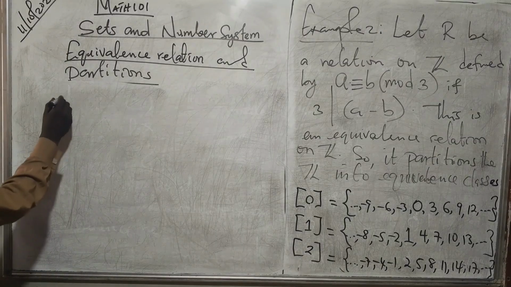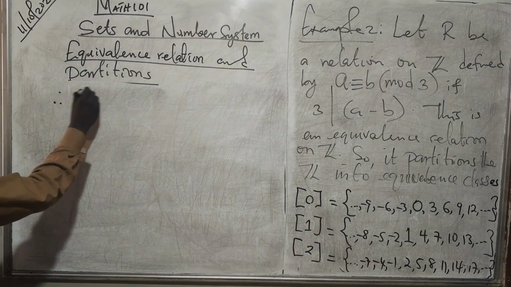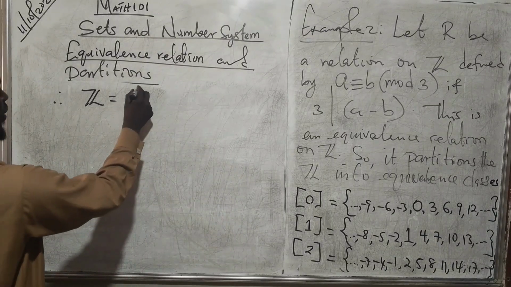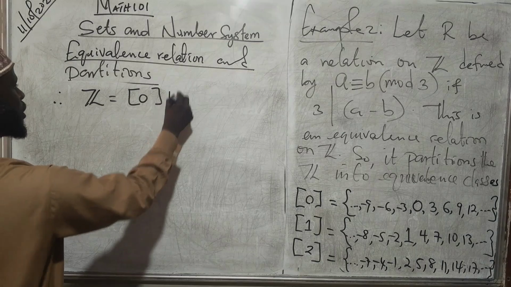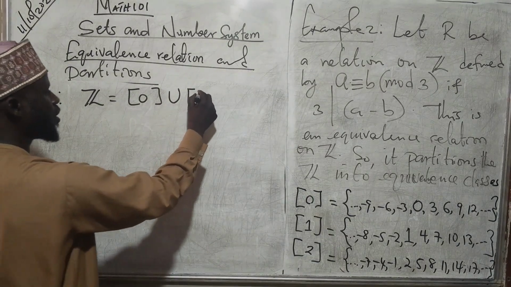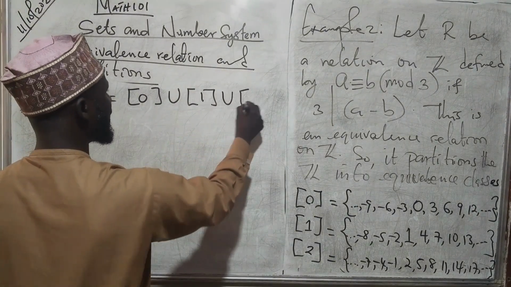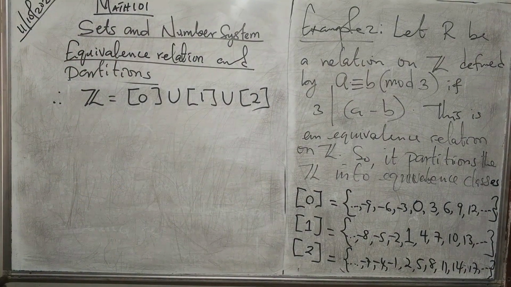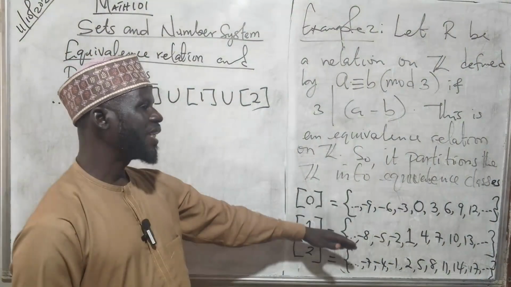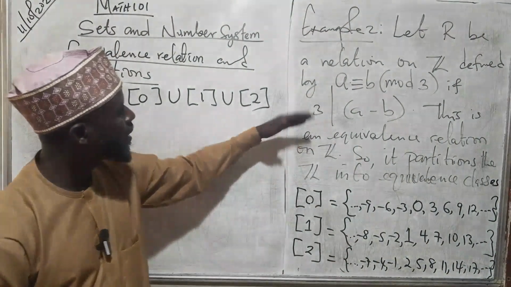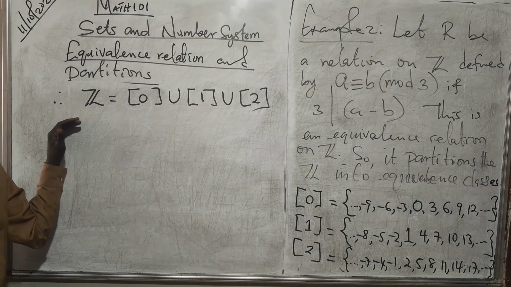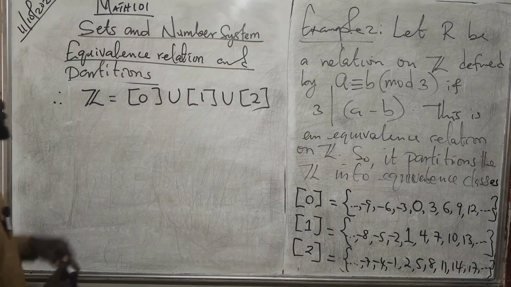So definitely, the set of integers is the union of all these equivalence classes: the equivalence class of 0, union the equivalence class of 1, union the equivalence class of 2. And so this equivalence relation defines a partition on the set of integers as we have seen.